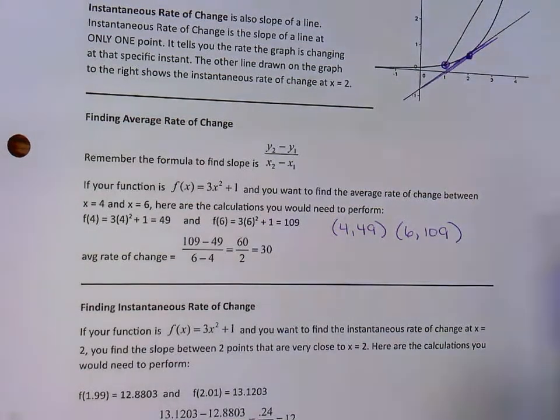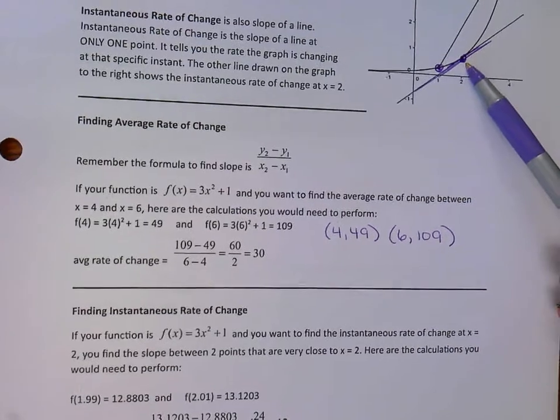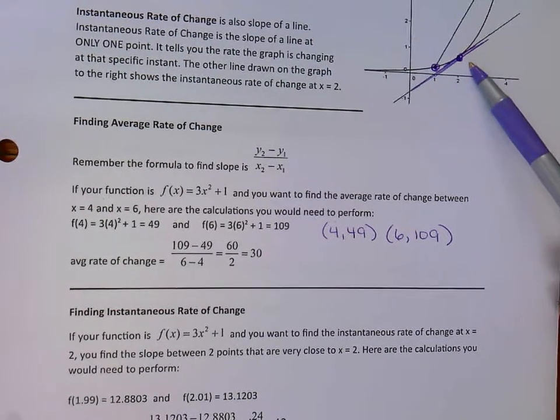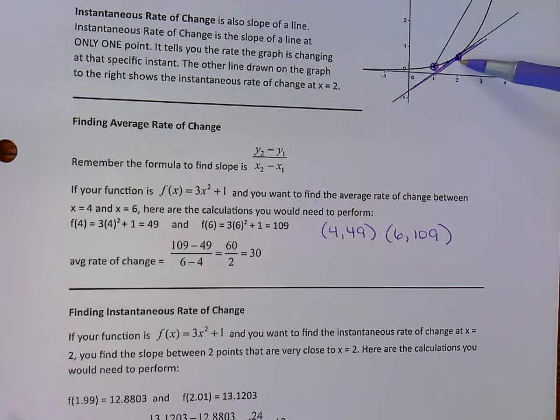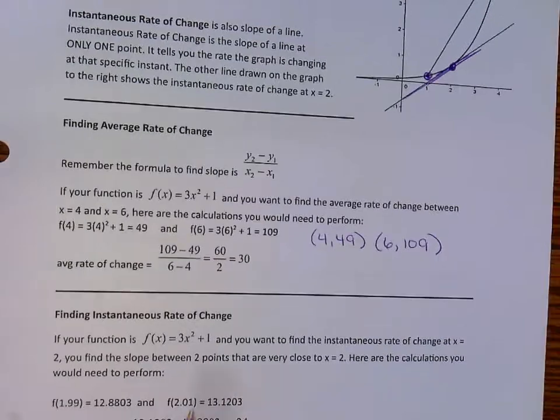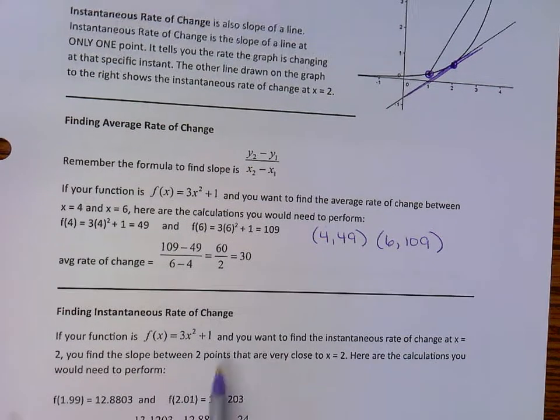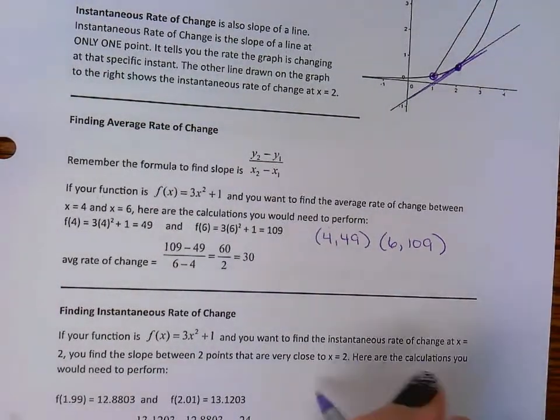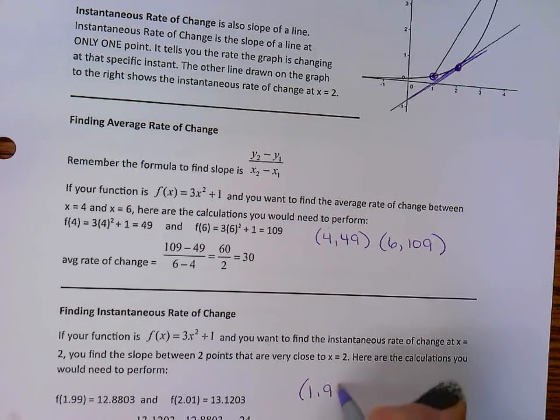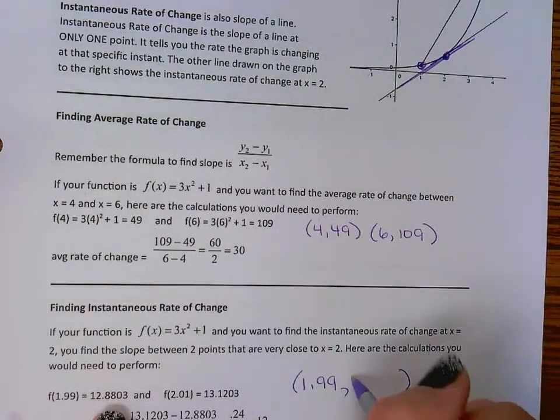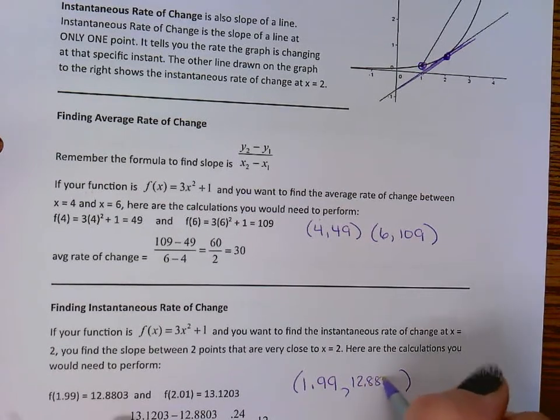To find instantaneous rate of change on this graph is tricky. They want the instantaneous rate of change at 2. So they want you to generate 2 points, right? Because slope is 2 points. They're using points that are really, really close to the number 2. They're using the point 1.99. When they plugged it into the function, they got 12.8803.